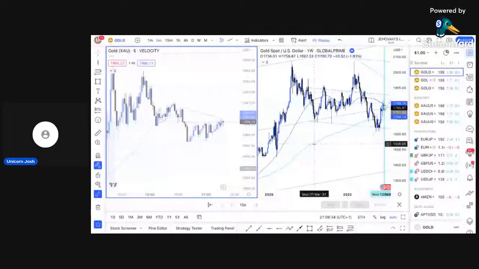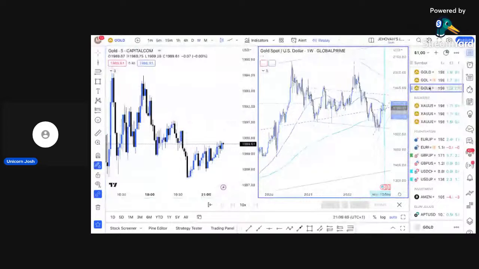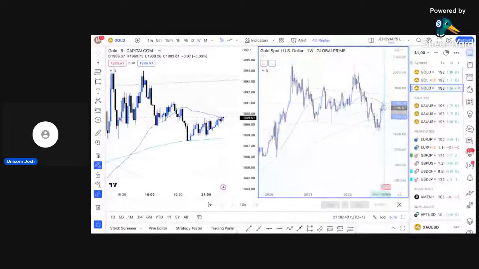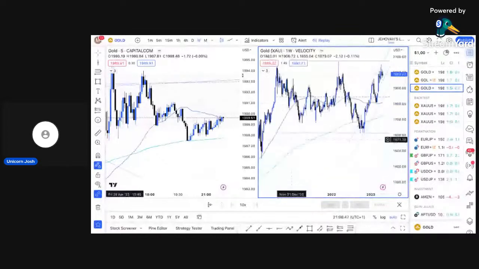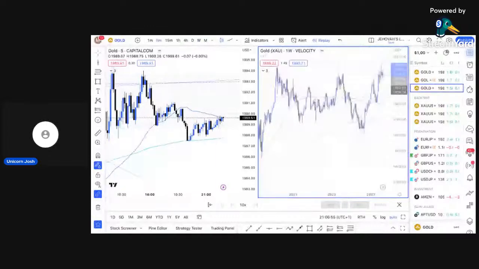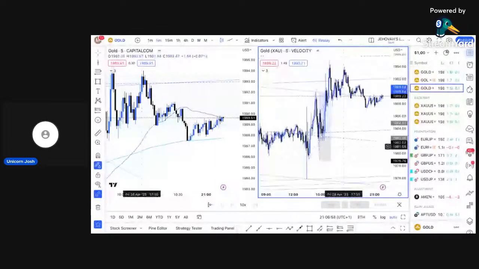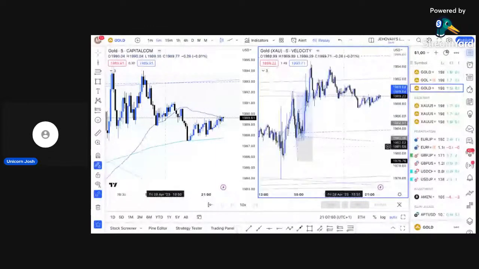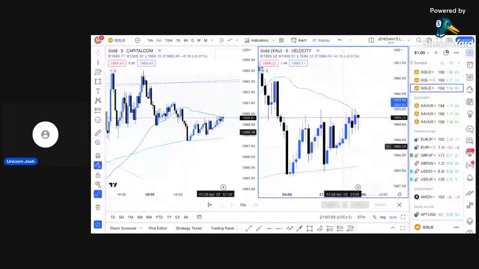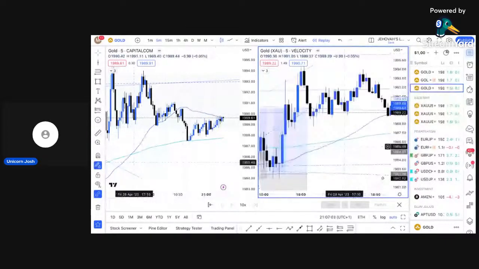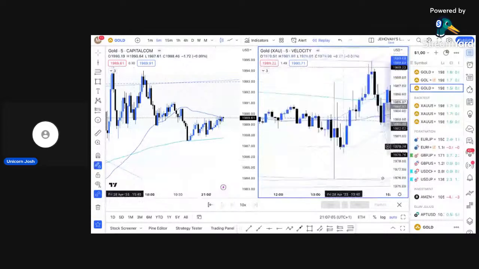On the previous session, we were talking about a trade. Let's see the result of that trade. Actually, that trade was a win for me on my trading app. But interestingly, something interesting happened on the charts.